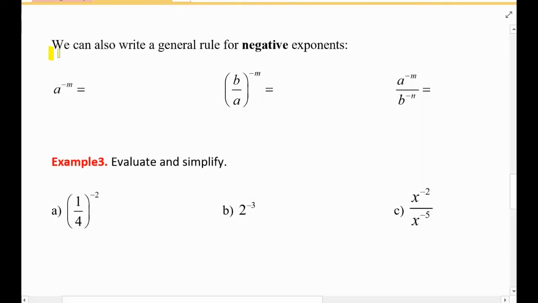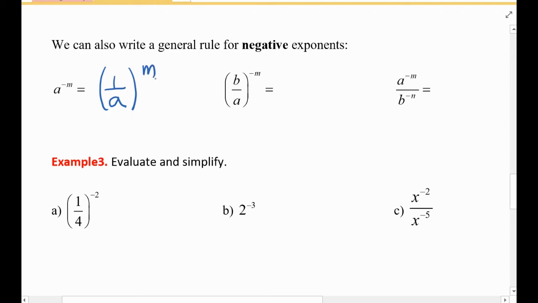So we can also write a general rule for negative exponents. Here, everyone, a is the base. We flip the base and make the exponent positive.